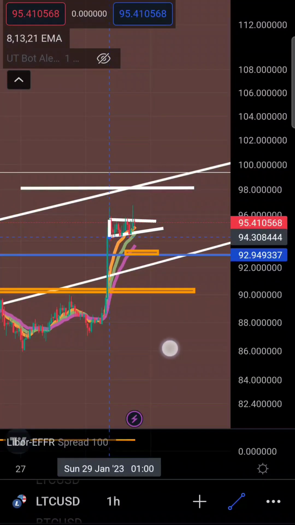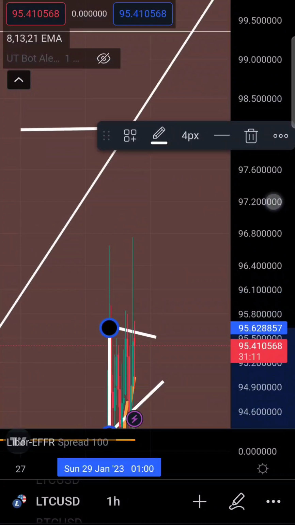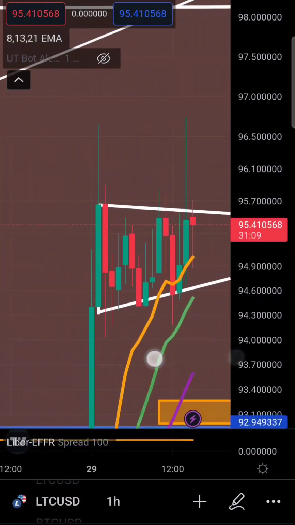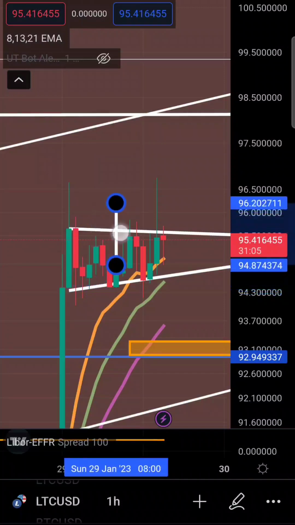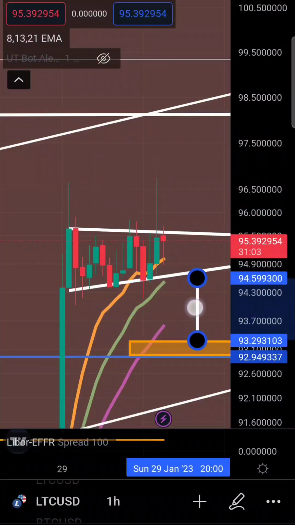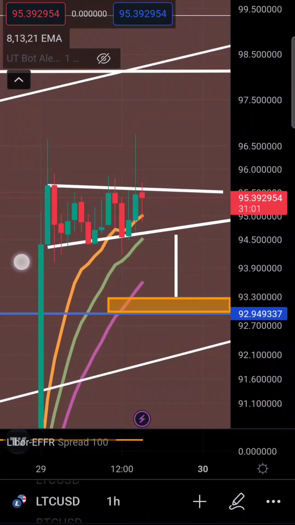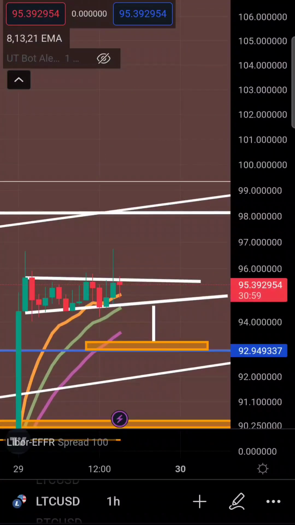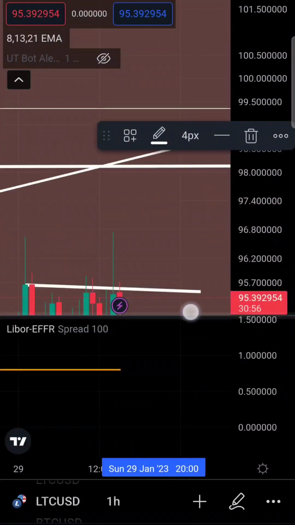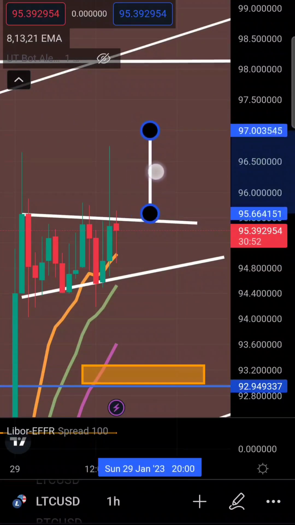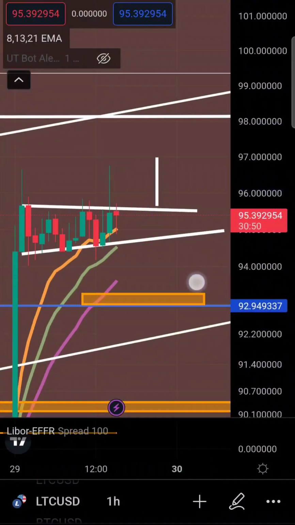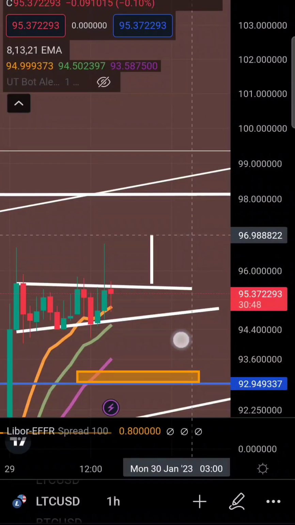So the measured move first is this white line. Say we come down, then bam, we hit our range. Now if we go up, we are headed up to 97.